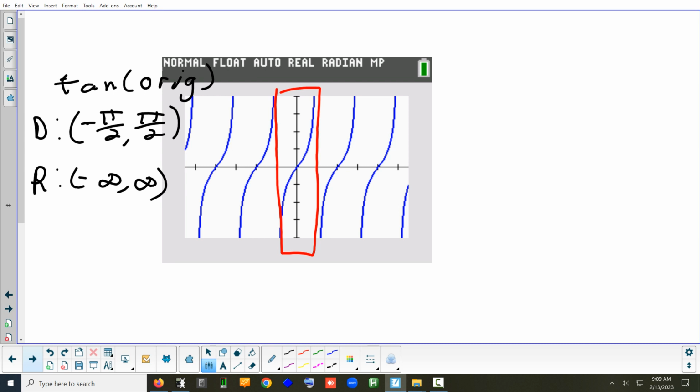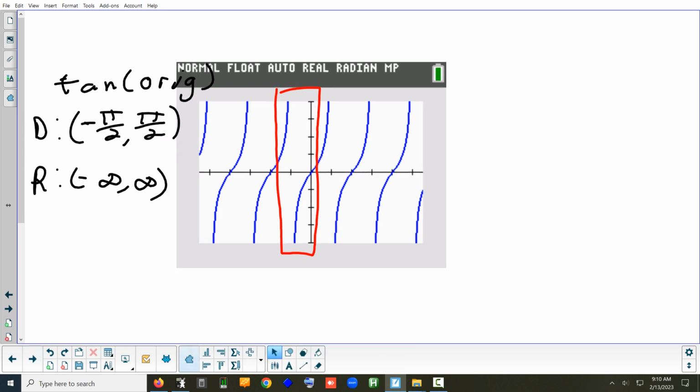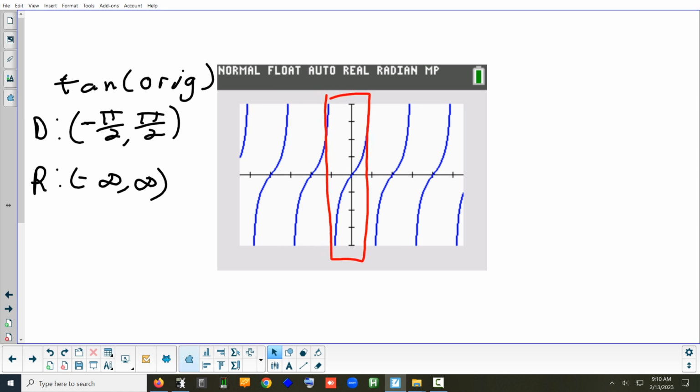All right, so there are 2 facts about the original tangent. Now we talk about the inverse. What's going to happen to the domain and range when we talk about the inverse? They're going to switch. And remind me, what kind of asymptotes do we have in that picture again? Vertical.